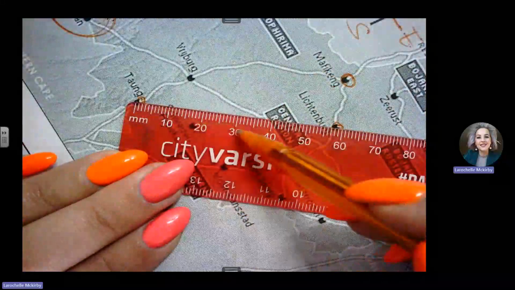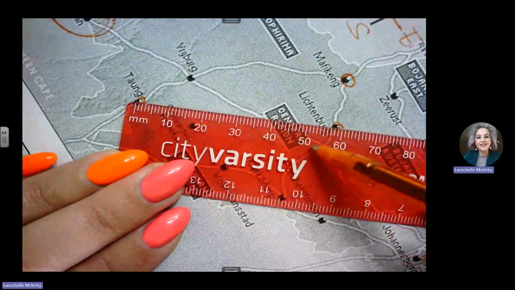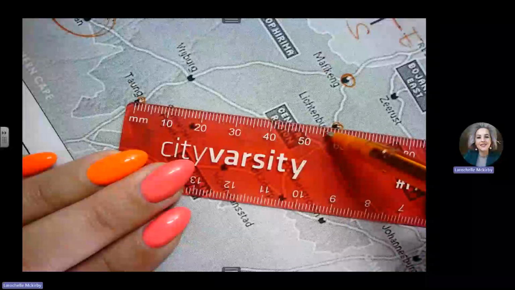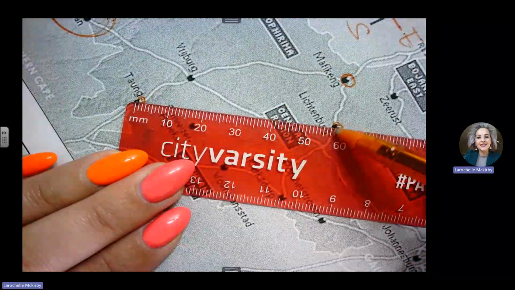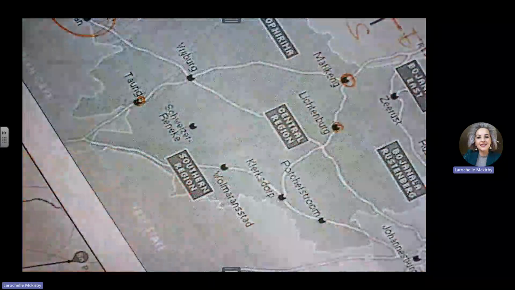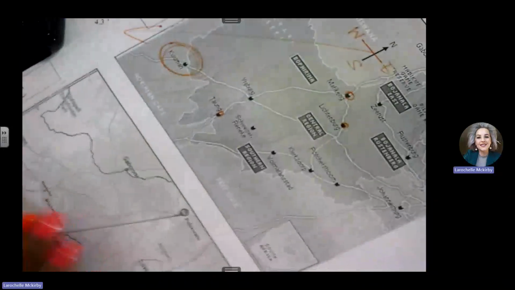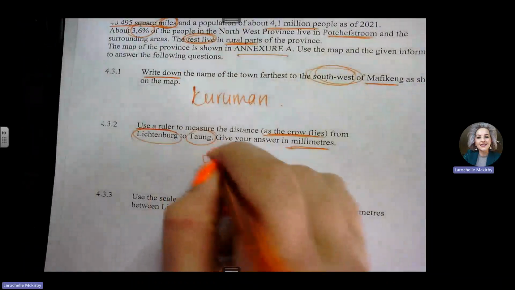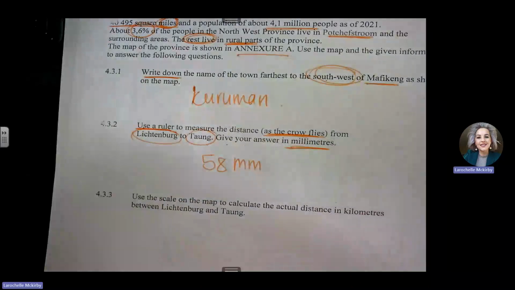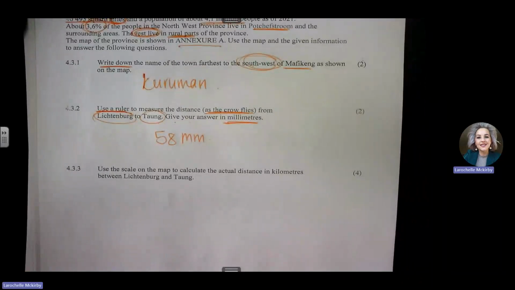So that is 10, 20, 30, 40, 50 millimeters. That's 55, 56, 57, 58. Yes, that is that. 58 millimeters. So I'll be writing, my answer is 58 millimeters as the crow flies. Right. So do you see, if we are measuring very neatly, very thoroughly, very calmly.